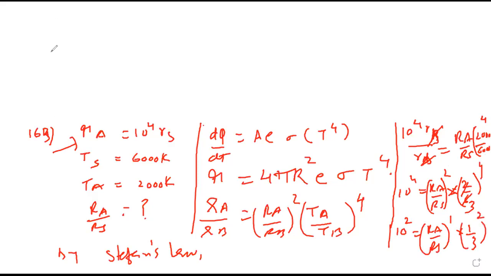So 10 raised to 2 equals RA upon RS into 9. So RA upon RS is 900. Check, we have this option: 900 is to 1. Yes, C. Have you followed the concept of what we did?